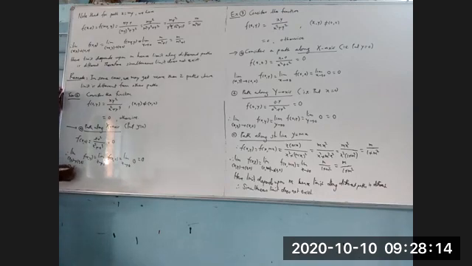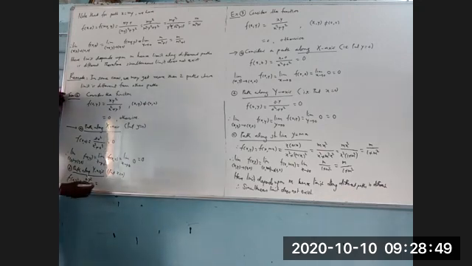Then similarly here, the path along the y-axis. Again, in this case, you have to put x equal to 0, and therefore f of (0, y) is nothing but 0 into y square upon 0 square plus y raised to 4, and in this case, the limit will be 0.